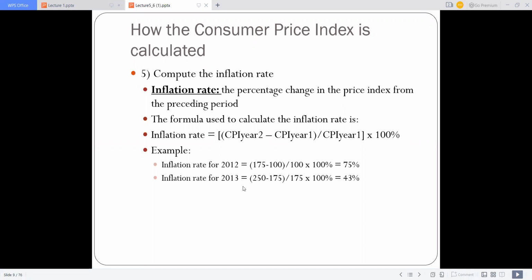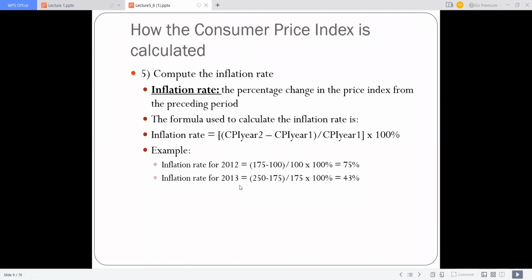Anytime we want to calculate the inflation rate, our focus is on the previous year and the current year. Okay, the previous year and the current year. It's not possible without a previous year, unless in other circumstances where you'll be given other variables.